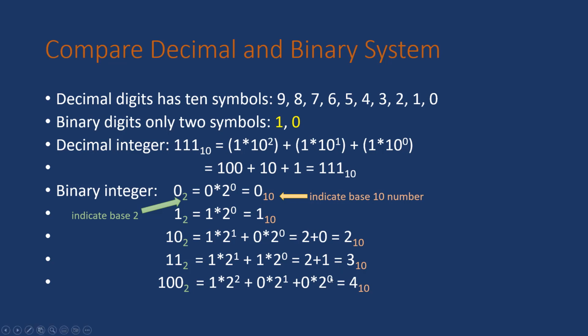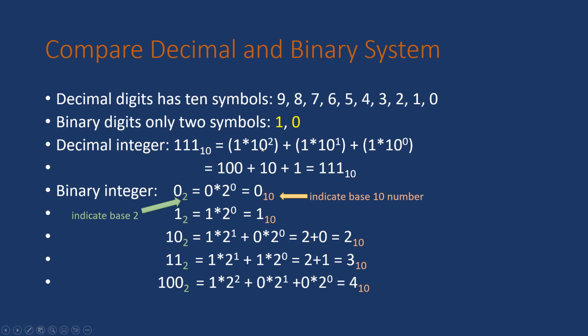Did you find the rule? It is exactly the same as our decimal system. The first position is the ones, the second position is the tens, and the third position is the hundreds.